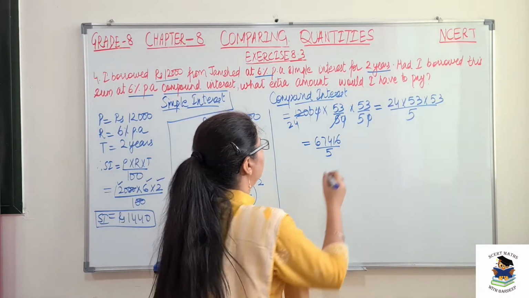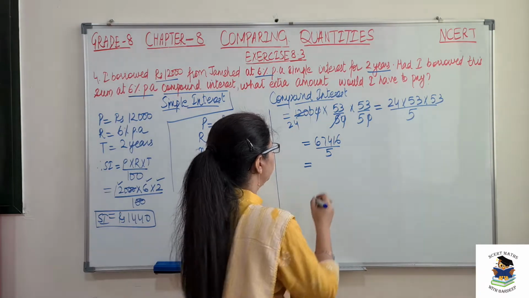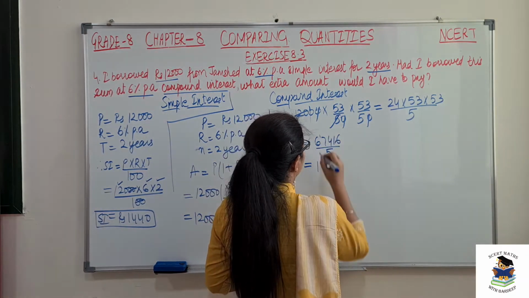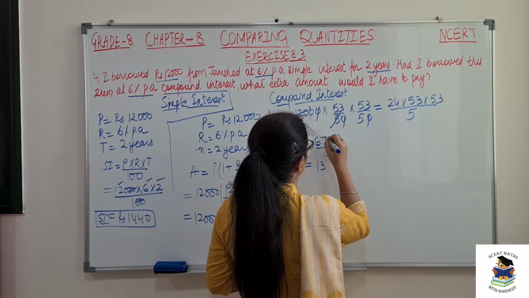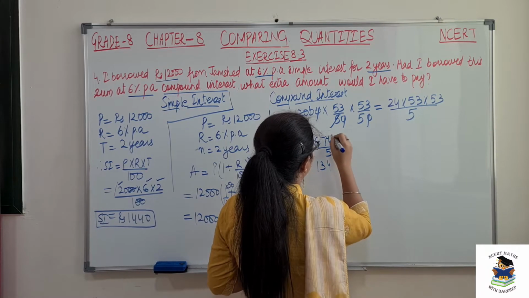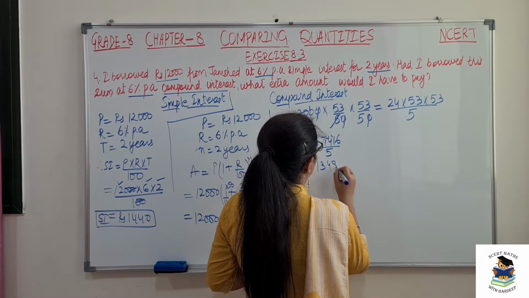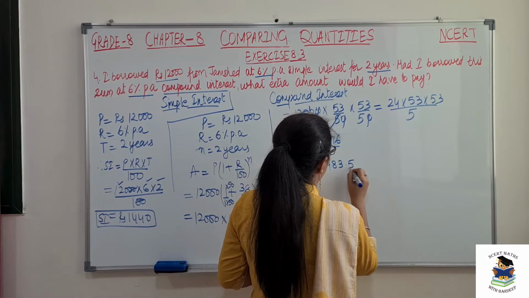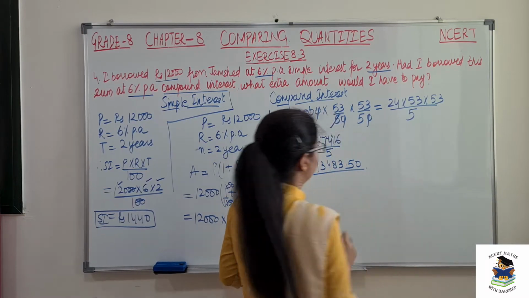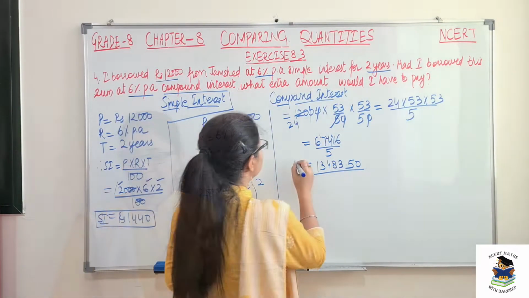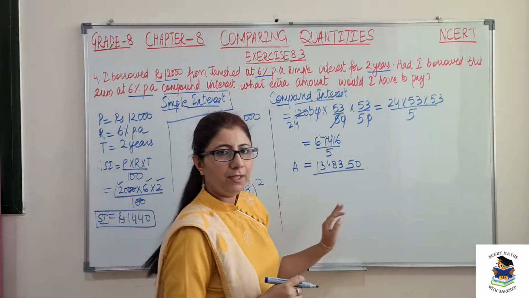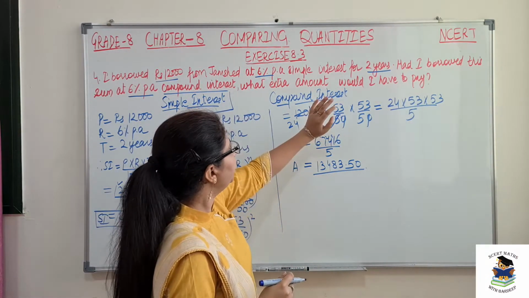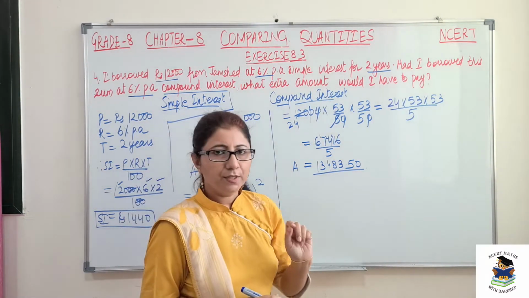So after division we will get 13483.2. So this is the amount to be paid after 2 years, but we need to compare the interest.